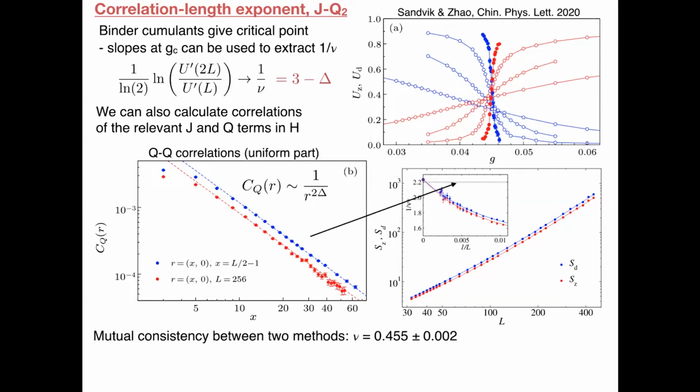Well, see, it's not just about how relevant or irrelevant the operator is, but how much it appears in your model, right? If you have irrelevant operators, you don't control well. Martin Hasenbusch controls how much irrelevant operators he has in his models, but here we cannot do that.